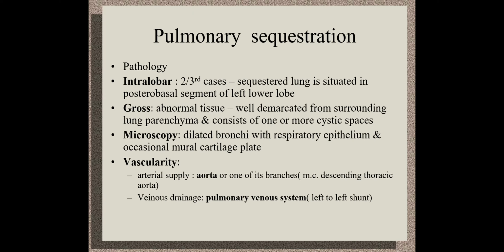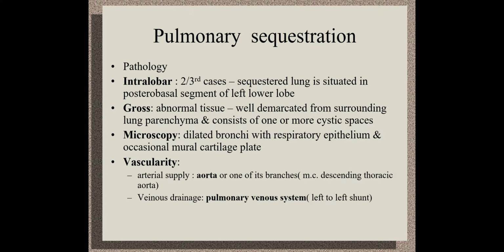Intralobar: in two-thirds of the cases, the sequestered lung is situated in the posterior basal segment of the left lower lobe. Grossly, it is abnormal tissue, well defined and well demarcated from the surrounding lung parenchyma.